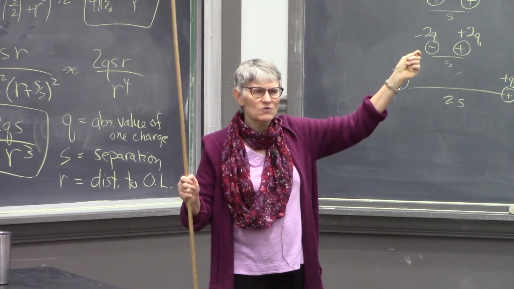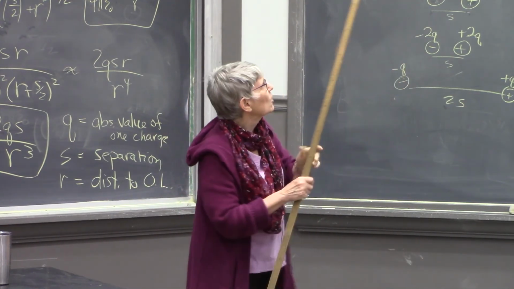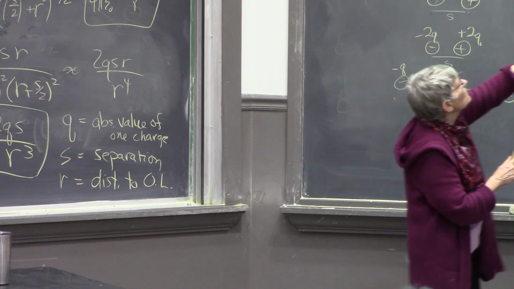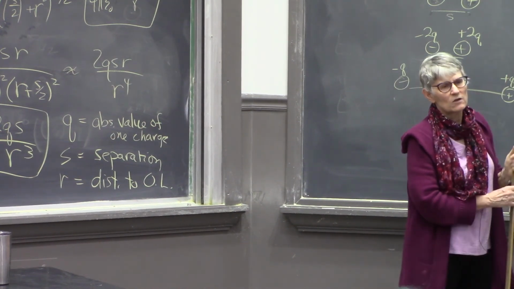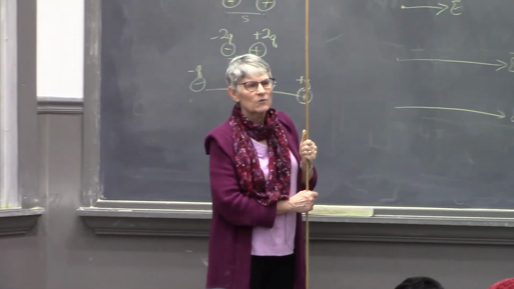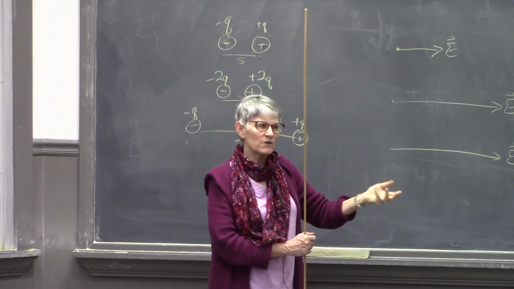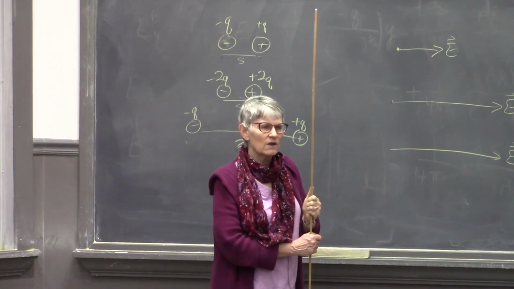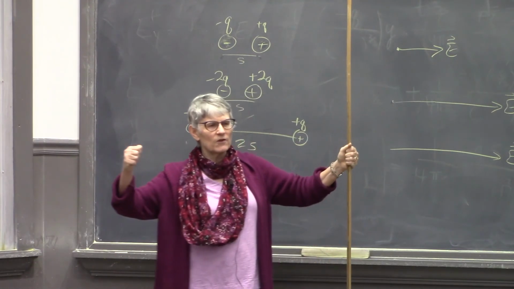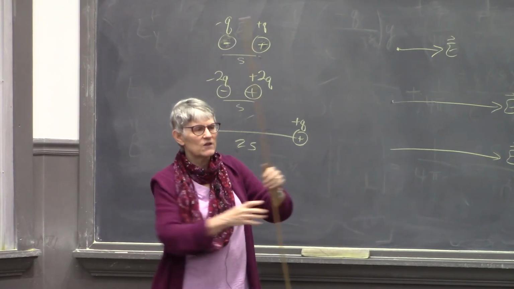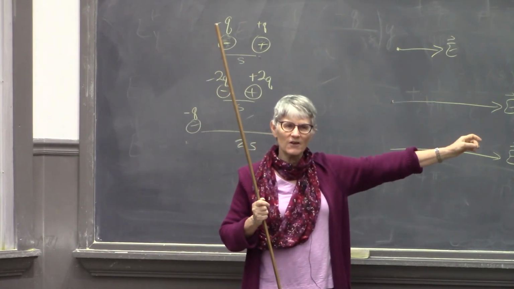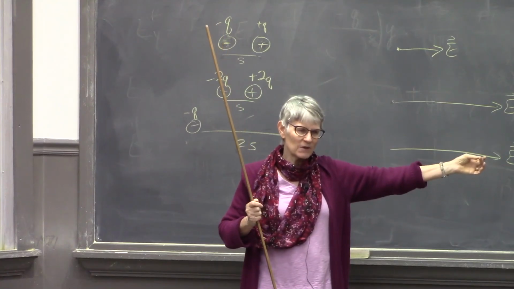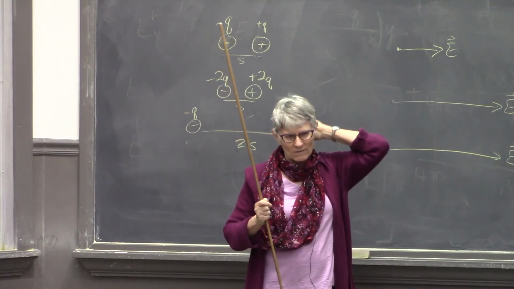No, because the distance would be the same, right? They're not quite the same just because at any observation location, one of them is closer than the other. And the one that's closer contributes a bigger amount to the field. So as you pull them farther and farther apart, at any observation location, one is now a lot closer than the other. Its contribution is a lot bigger.